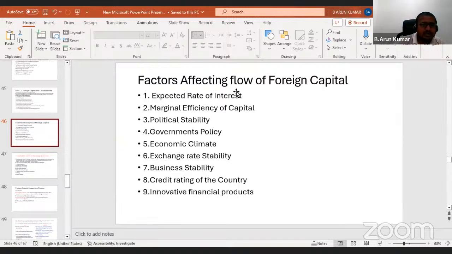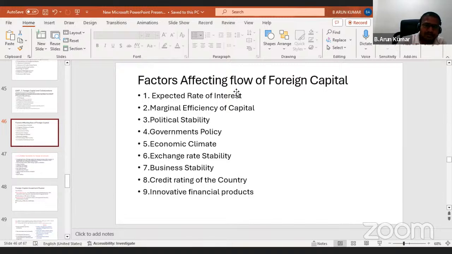Then political stability, because this is also a very important factor that affects the flow of foreign capital. Before the Modi government, the BJP government, the earlier Congress government was elected for two terms, and they got more foreign funds because of this stability, around 10 years of stable government.